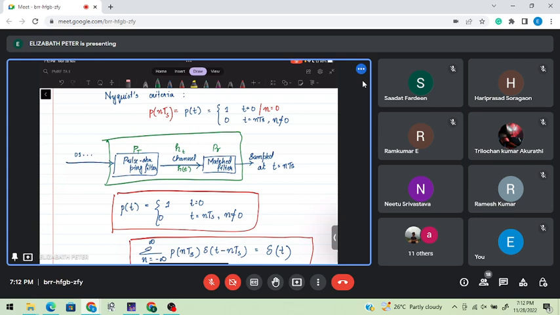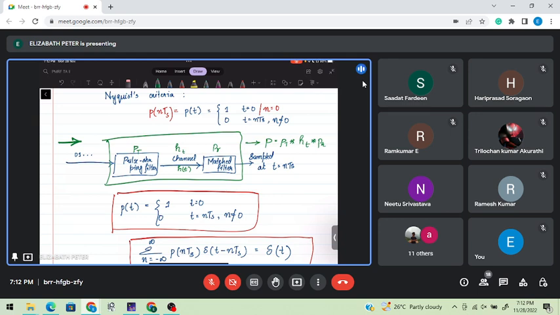So p is actually the convolution of p_t, h, and p_r. What this means is that at the receiver, while I am sampling, my signal should be such that I get only the value at that instant.